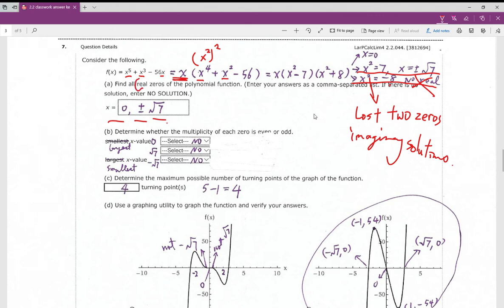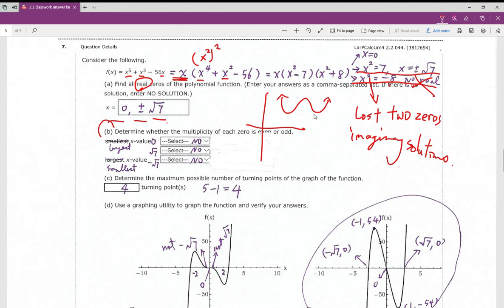So here we only want to look for the real zeros. Real zeros, then we can graph. Imaginary solutions are important to find, but we can never graph them. When you have imaginary solutions, your graph may float in the air, and then you have no x-intercept.